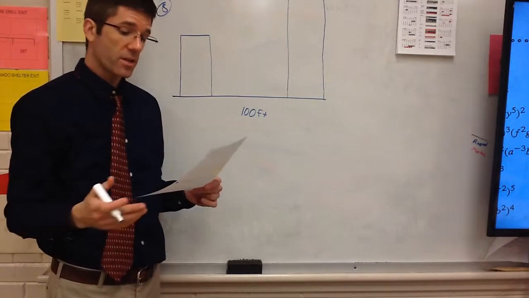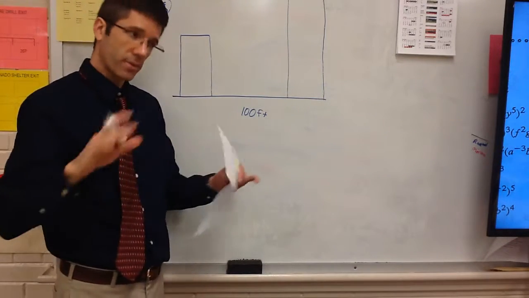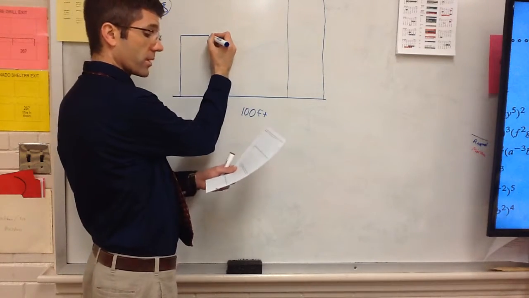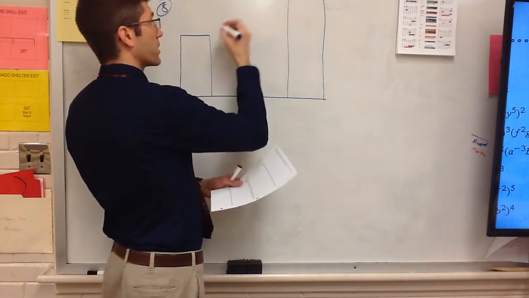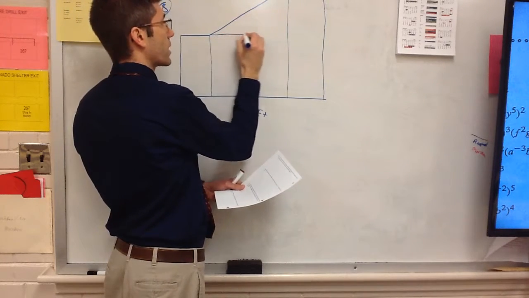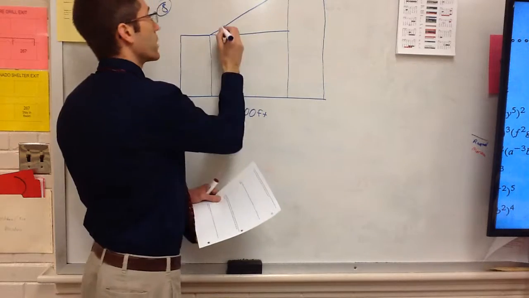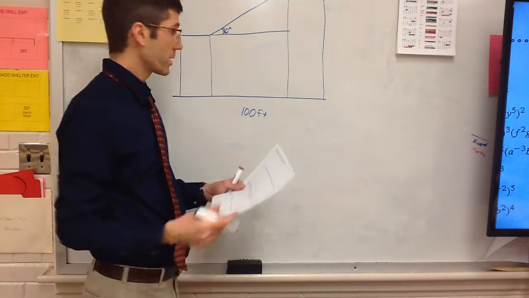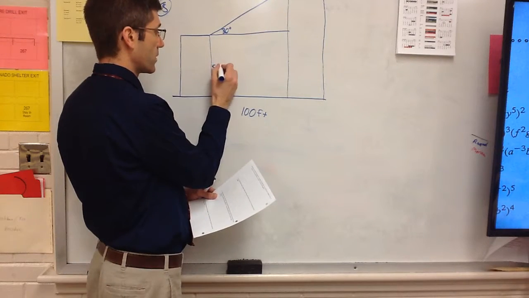The angle of elevation from the top of the shorter building, you have to kind of read it slowly and cautiously. Angle of elevation from the top of the short building to the top of the tall building is 30. So I'm going to look up there. Now I could look straight ahead if I wanted to, but the angle of elevation there is 30 degrees. The shorter building is 57 feet tall.